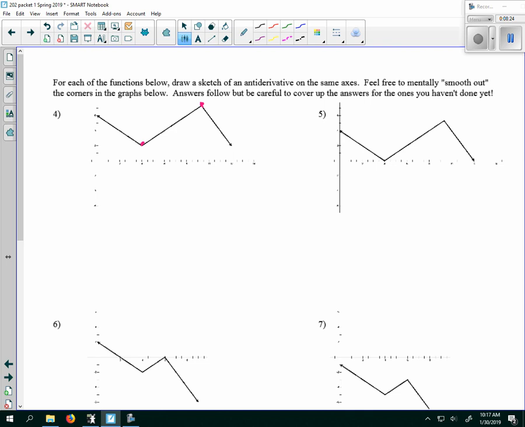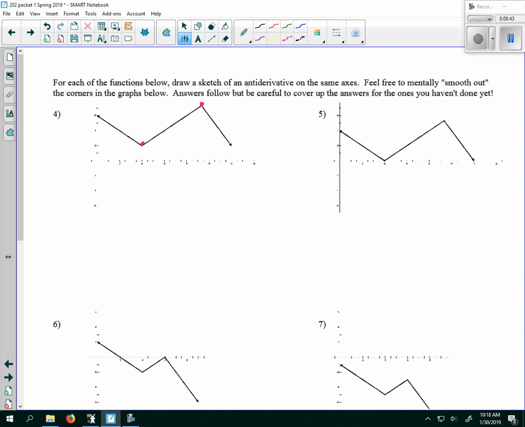So the function is always increasing, and it's got a couple of changes in concavity. And because f prime is decreasing here, that means that f is concave down, then f is concave up, then concave down.